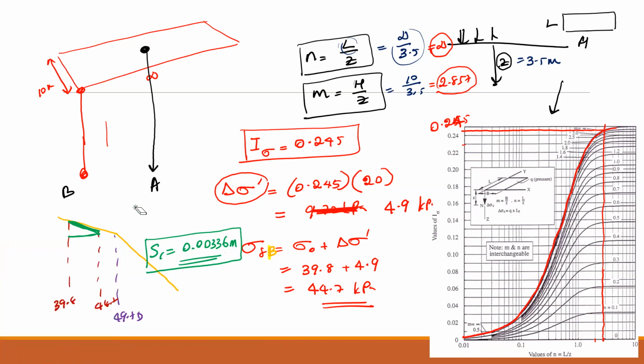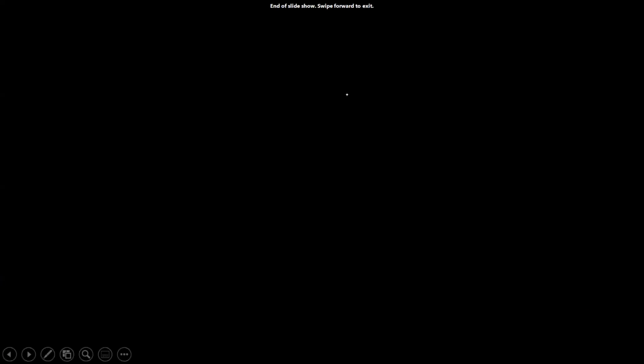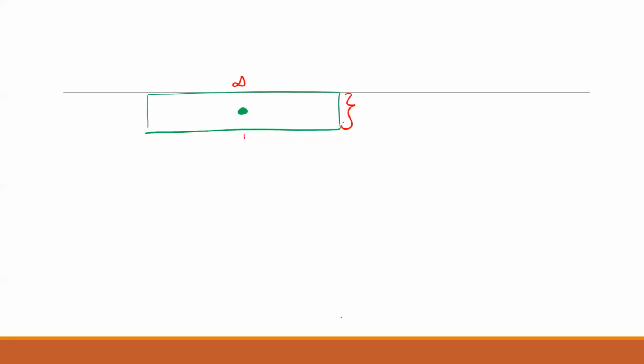Okay, so we have found it for the B. Can you find it for the A? So what is the only difference when we are finding for A? Now you are finding for A, so you have infinite on one side, and the other side was 10.